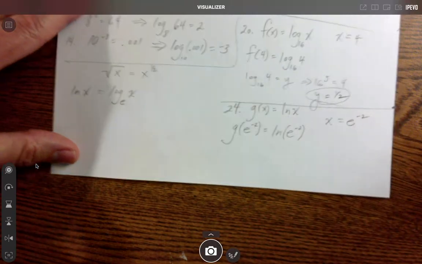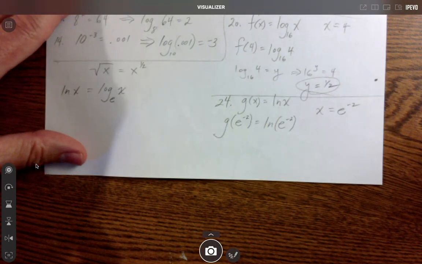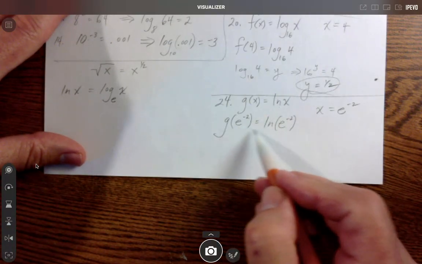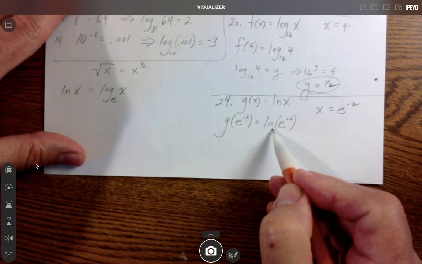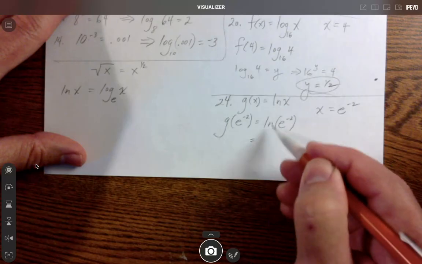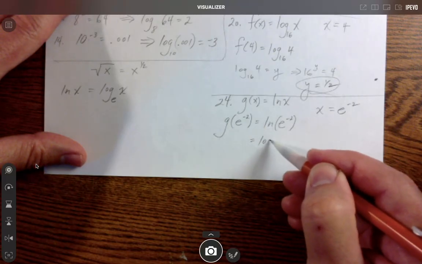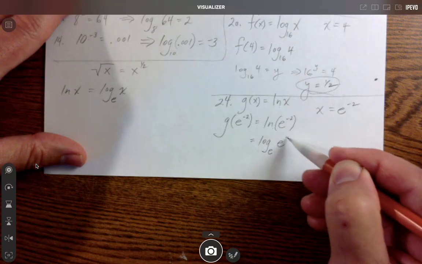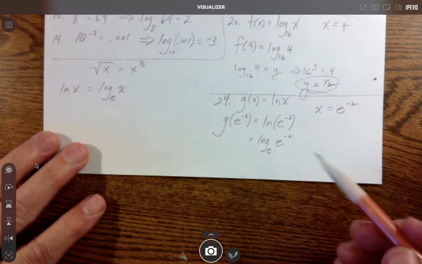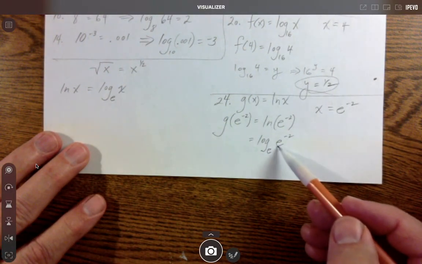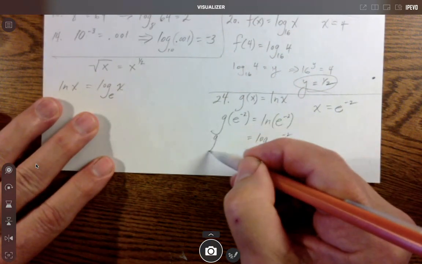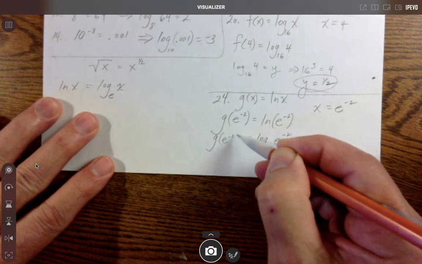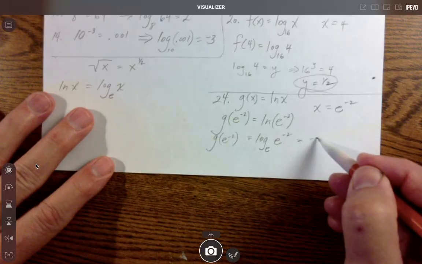And the answer should be negative 2. And the reason is because when the base of your, here, let me rewrite it. So instead of ln, I'll write it as log base e of e to the negative 2. It's kind of like as if these two things cancel out, right? That's just going to give me negative 2.